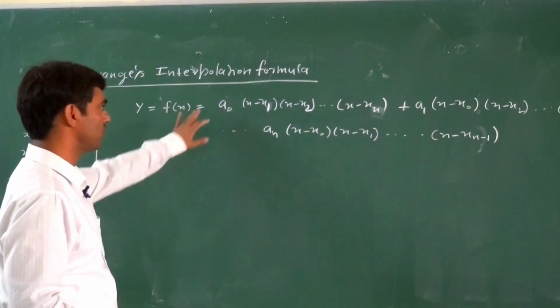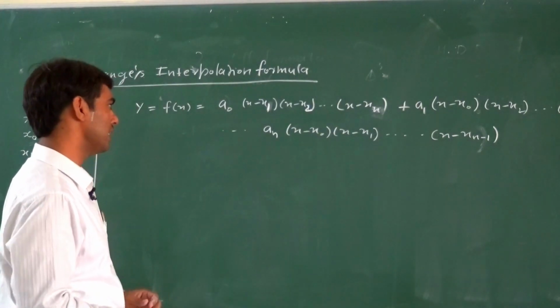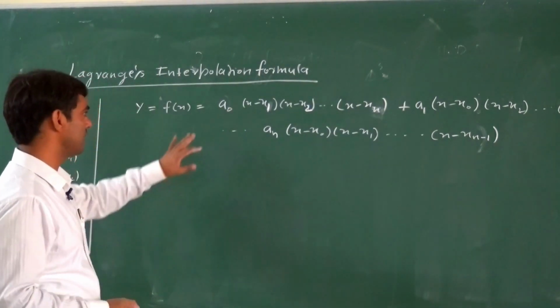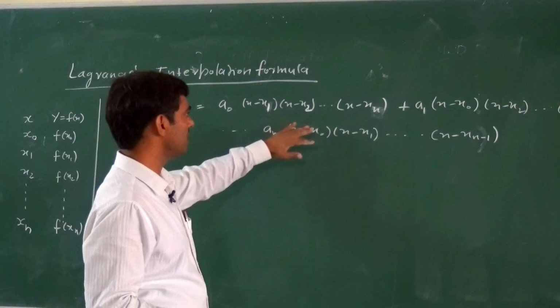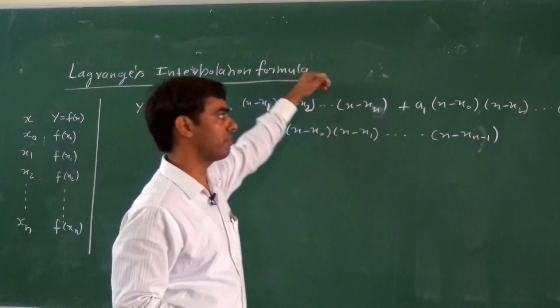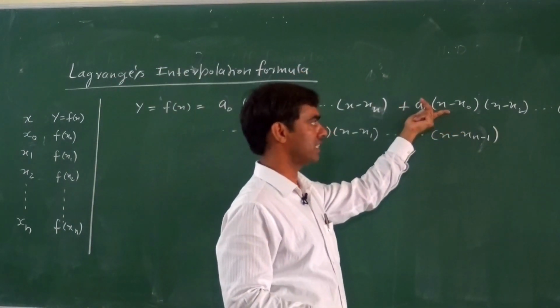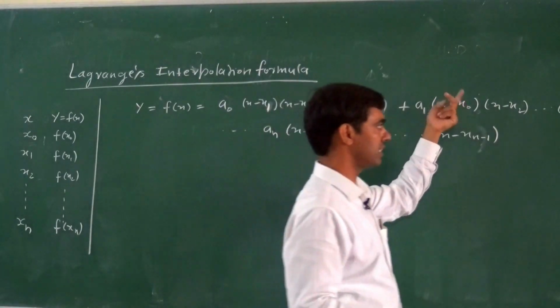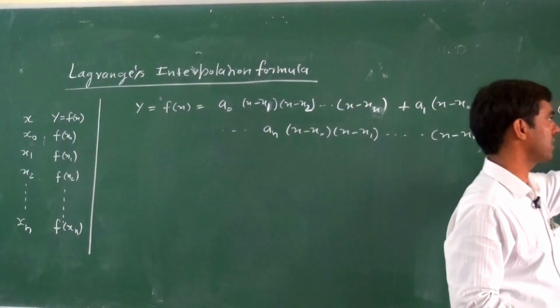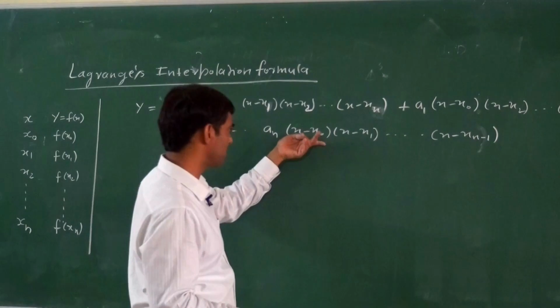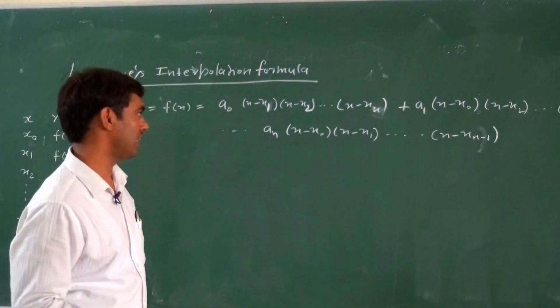So how do we find the values of a0, a1, a2 up to an? How do we find a0? In all other terms except the first term, there is a factor of x minus x0.